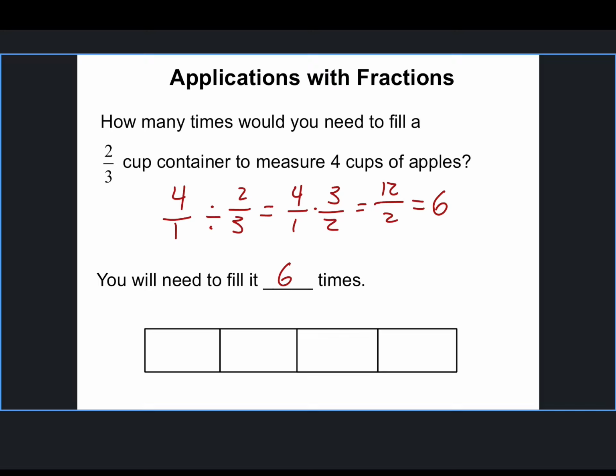Now, I'm going to show you in a picture how this actually works. So if we take 4 cups, let's pretend those are cups, and we divide each of those into 2/3, or into thirds, rather.